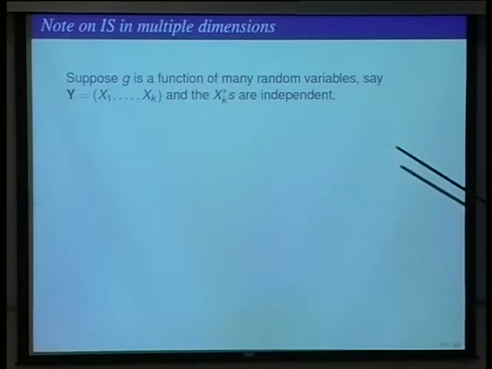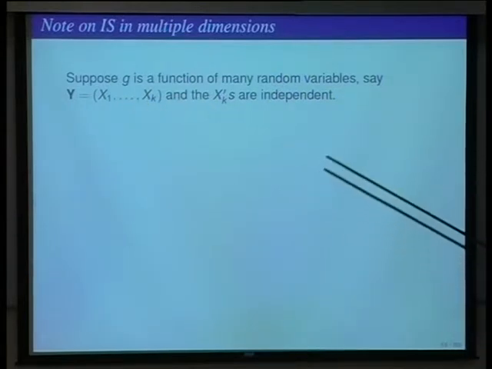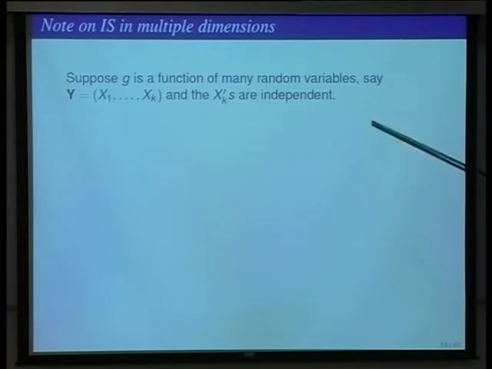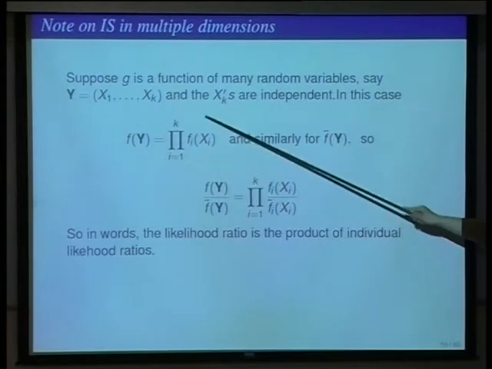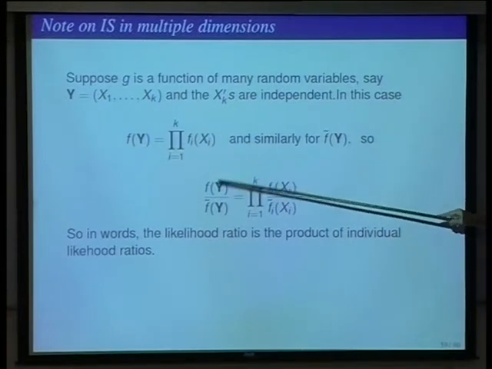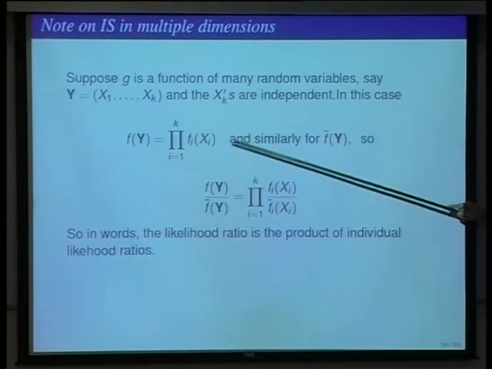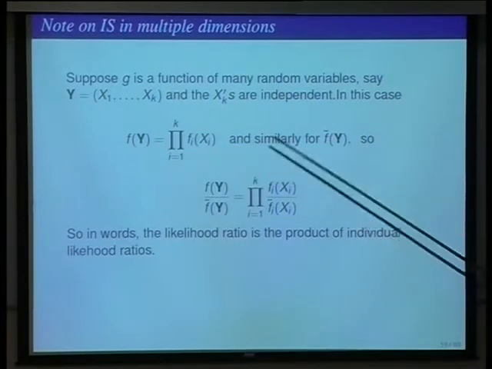So if my function is really a function of many random variables and they're independent, then remember, if they're independent, we had this property that this joint distribution was really the product of the individual distributions.